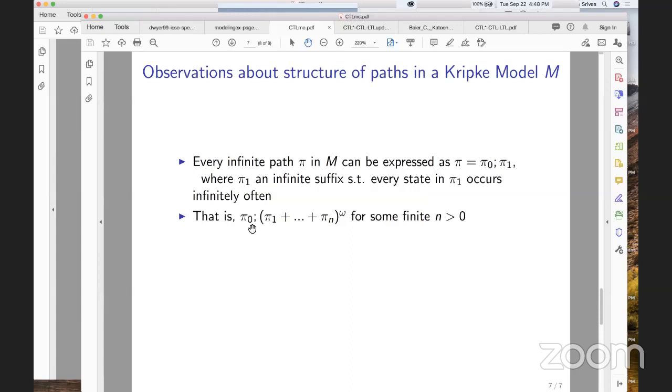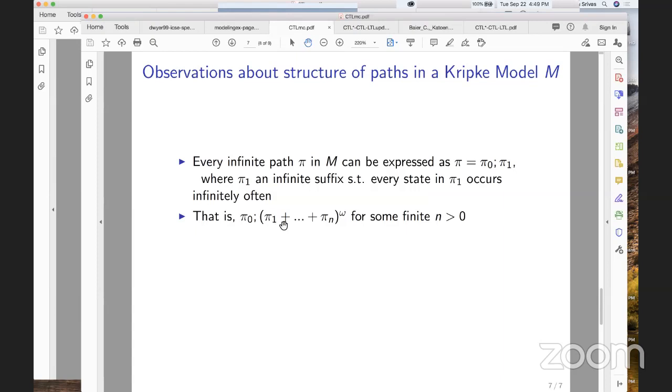Once you wait until all the states which occur only finitely often have been accounted for in pi naught, then all the rest of the states, which in some pattern put together, occur infinitely often.